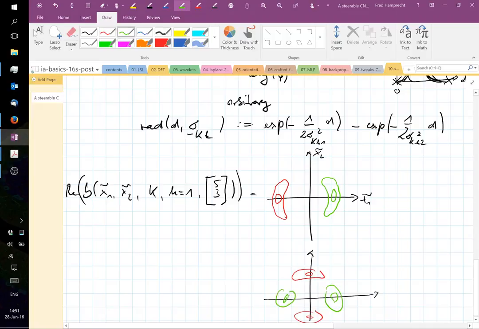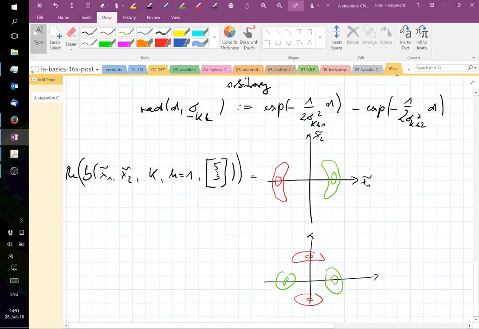By taking linear combinations of these, we can create really strange filter shapes. This in itself does not talk about steerability yet. It just talks about what these filters look like in their standard orientation.